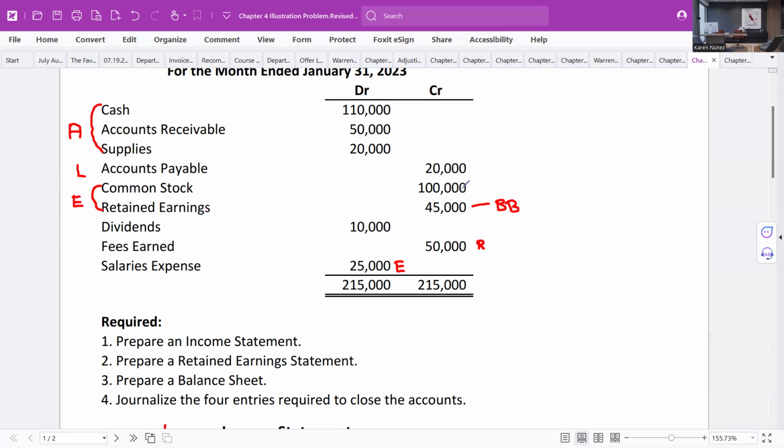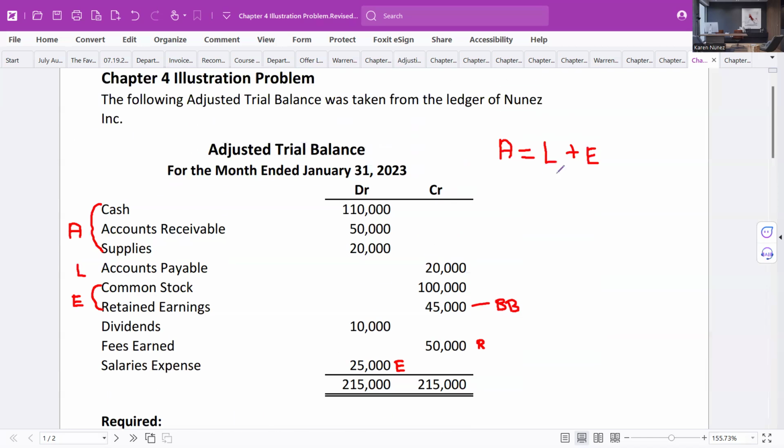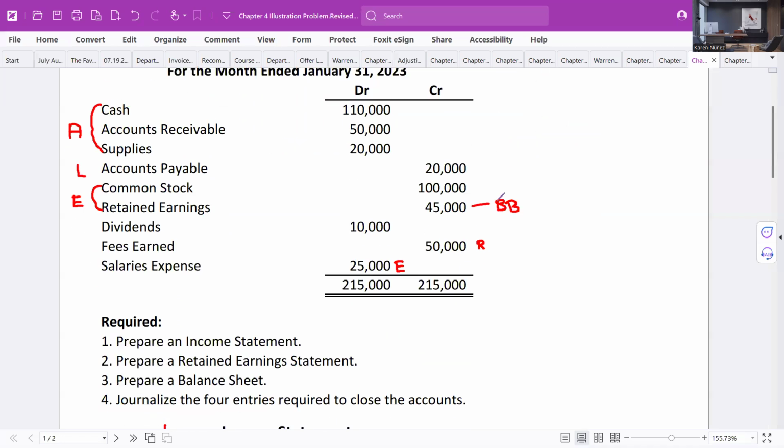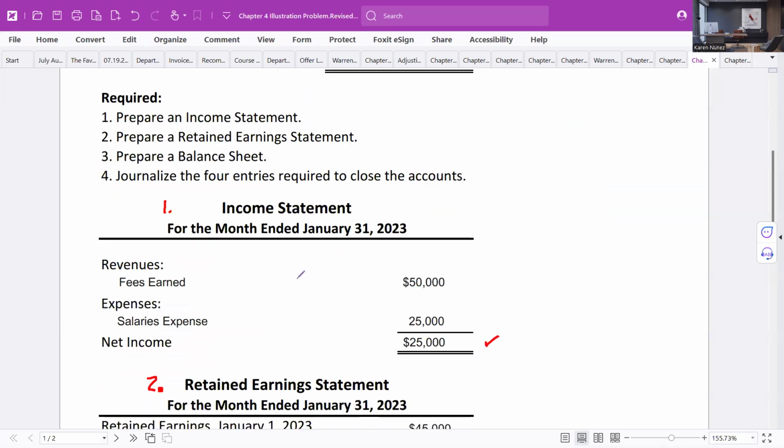And we're going to need common stock and the ending balance in retained earnings. But those are the items that are going to go on that balance sheet: assets, liabilities, equity, the permanent accounts, right? All of these accounts are the permanent accounts. All of the accounts on the income statement are the temporary accounts.